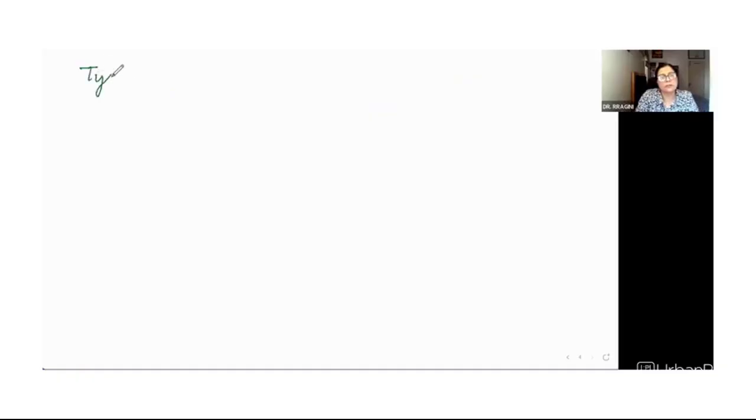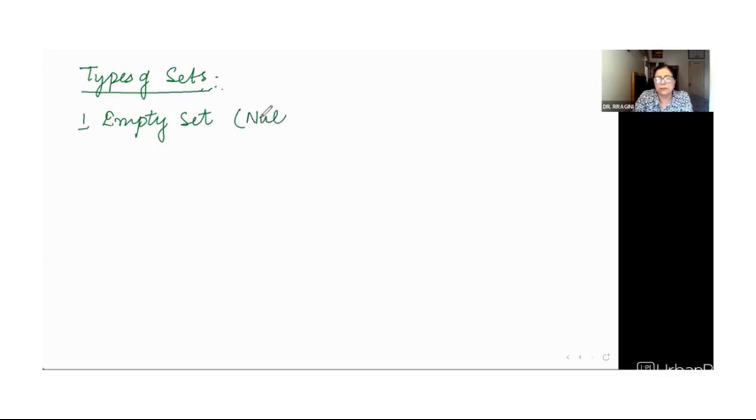Types of sets. First of all, we have the empty set. How can a set be an empty set, right? Empty set, or we can call it a null set or void set.